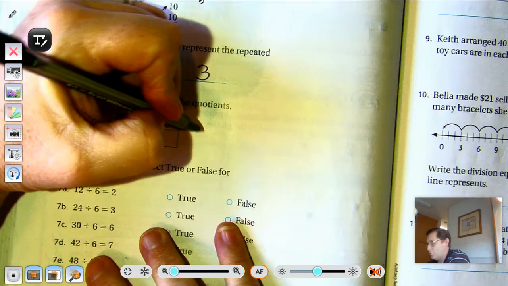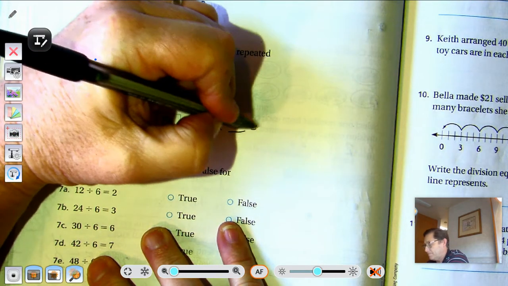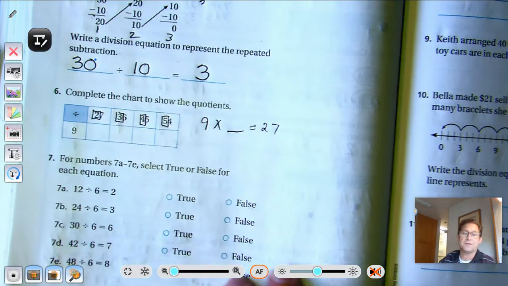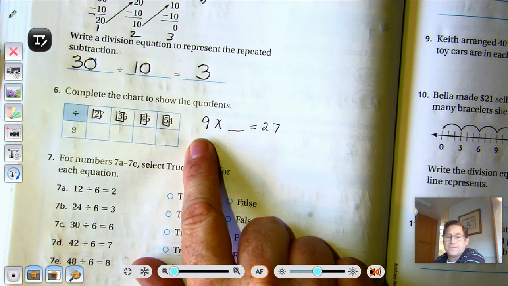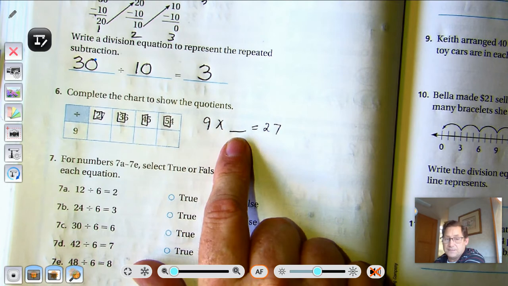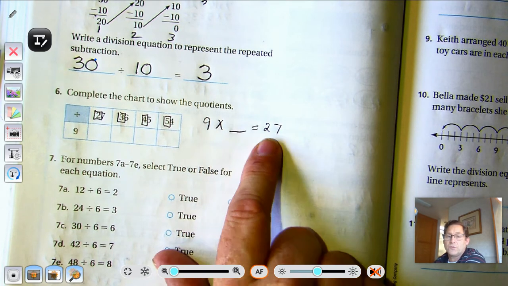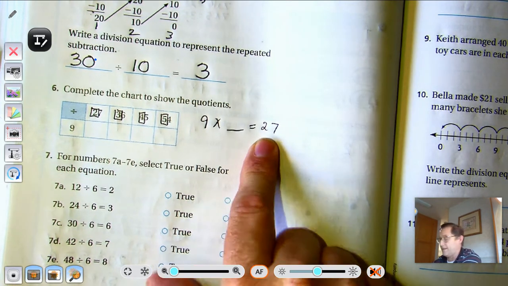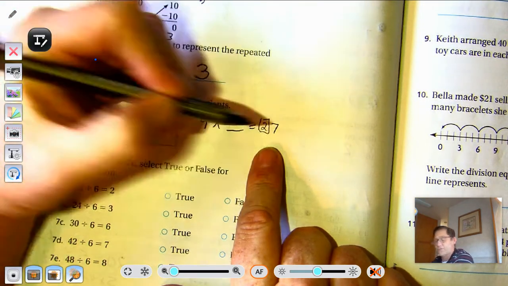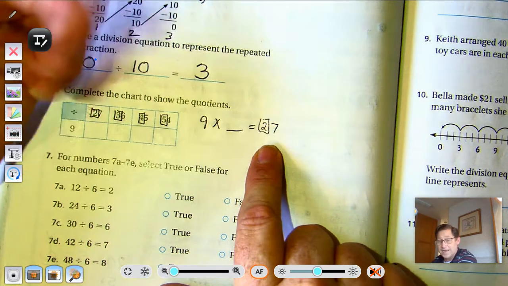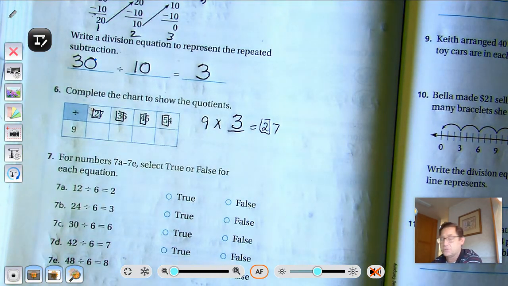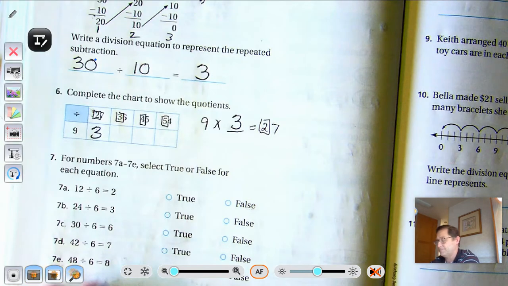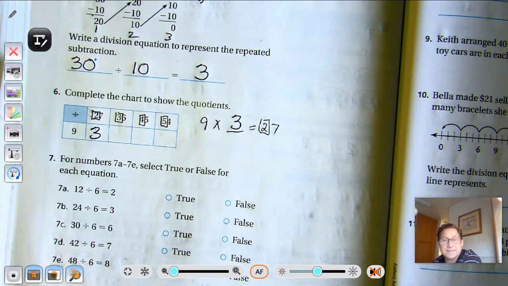And so I know that when I multiply a factor by 9, the factor that's being multiplied has to be 1 greater than the tens place of the product. So if the product here is 2, or 2 tens, the factor has to be 3. So 9 times 3 is 27. So 27 divided by 9 is 3.